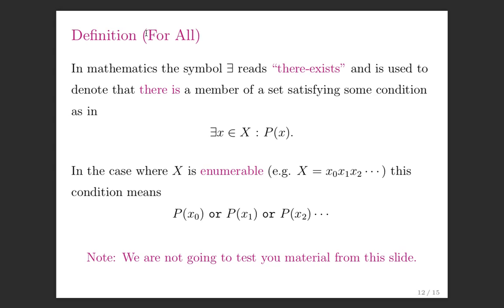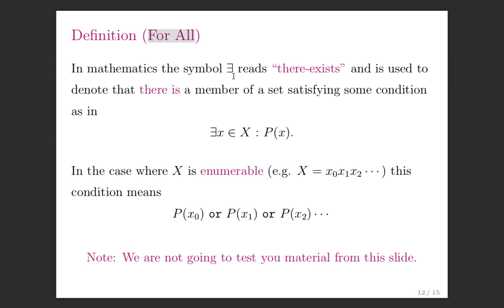This is not the definition for all. This is the definition for there exists. So I gave you an upside down A, which I thought was cool. Now I'm going to give you this backwards E. This backwards E is a symbol in mathematics that's short for there exists, or there is a member.